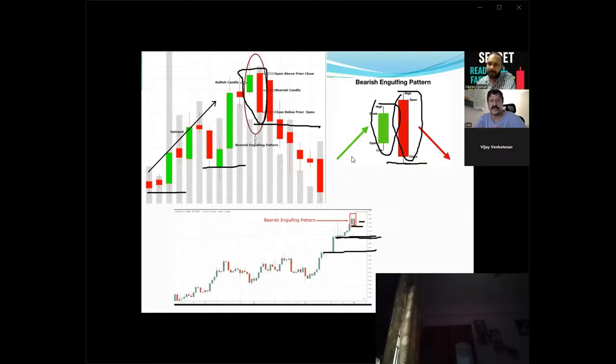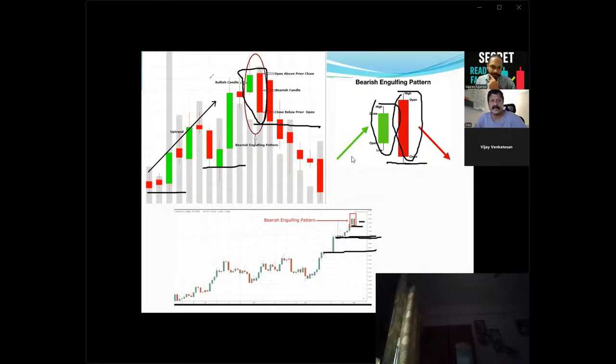So you should know all the scenarios in which you can exit, and based on your psychology, you can set that up for yourself. Because for some persons the breakout may work, for some persons selling in chunks may work, and for some persons the trailing stop loss may work.